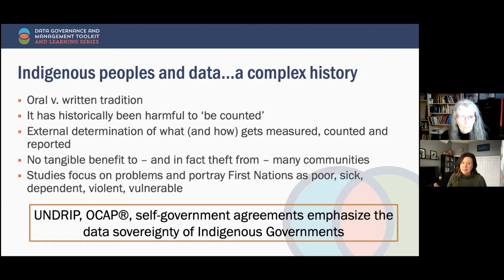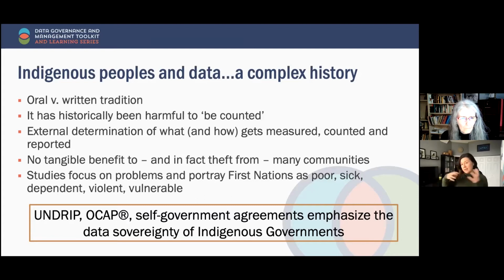And often this has not benefited Indigenous peoples at all. Indigenous peoples have been portrayed in reports as genetically inferior, inherently sick, dying off, vulnerable. Those are all stories that have been told about us through data through time. And that's not beneficial to us.